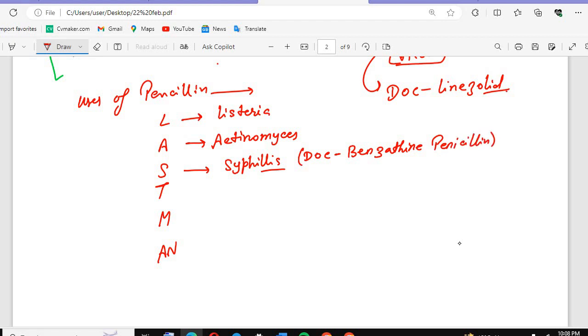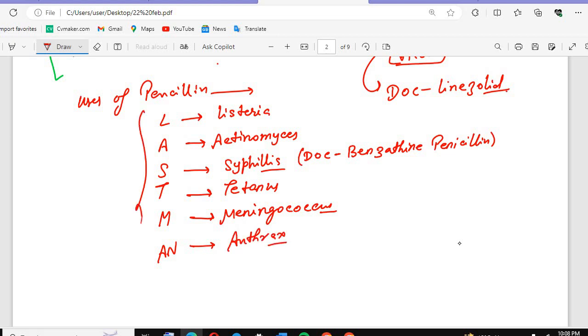Then T for tetanus. M for meningococcus. And AN for anthrax. In all these conditions we can use penicillins: the last man, Listeria, Actinomyces, syphilis, tetanus, meningococcus, anthrax.